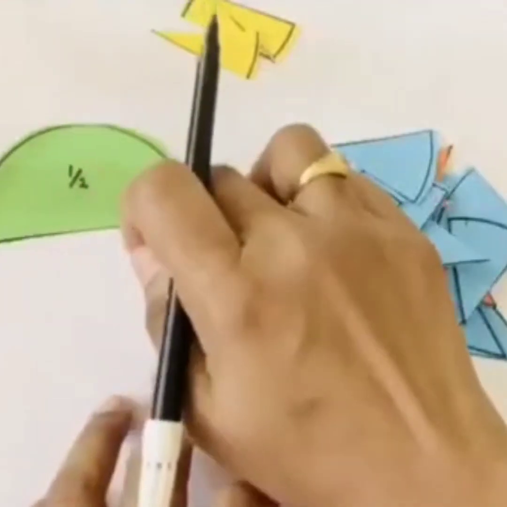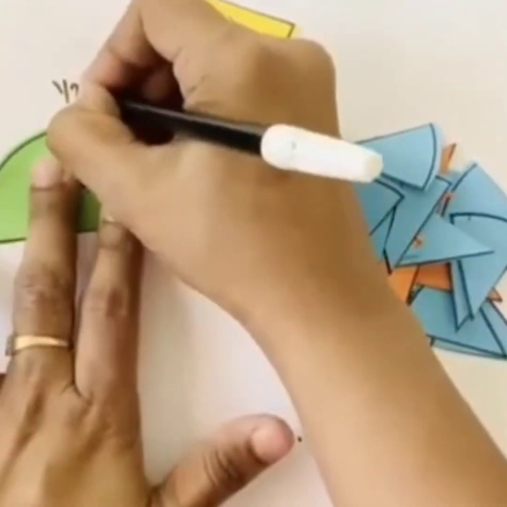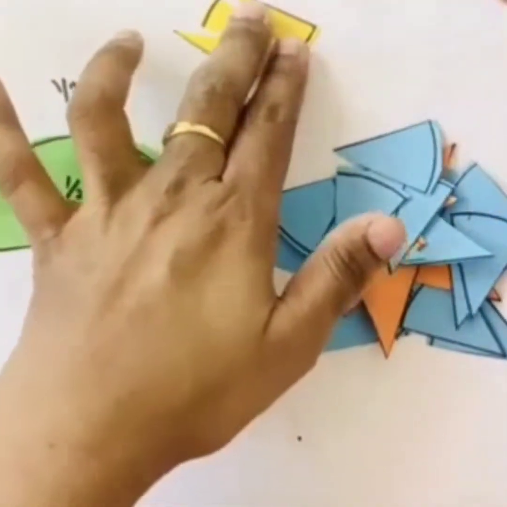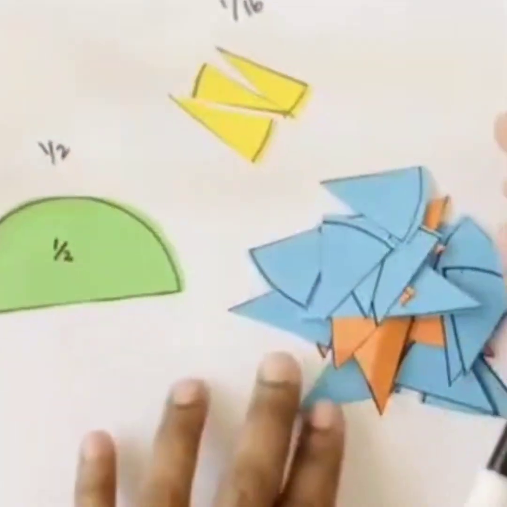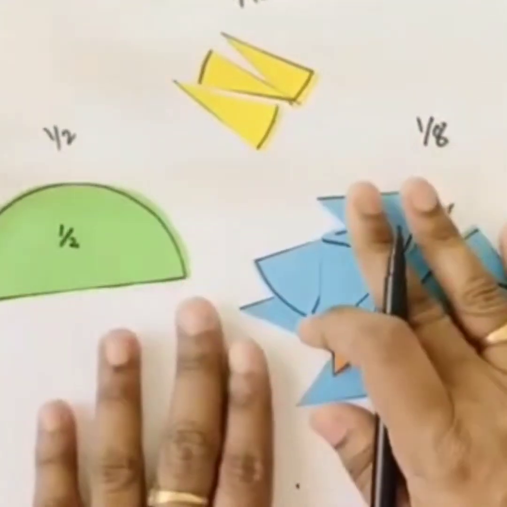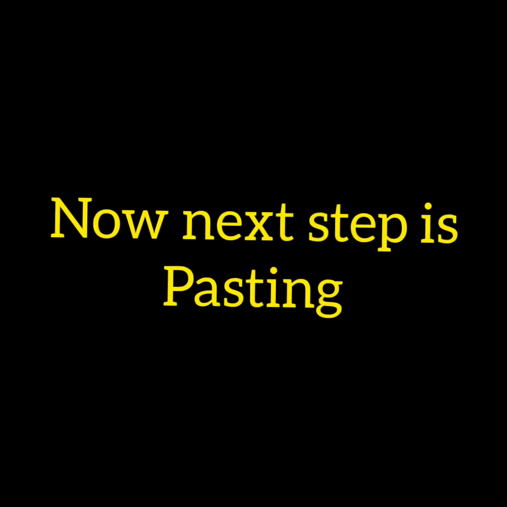Now we will cut these parts with the help of scissors. Here I have cut all these parts, and I am writing the numbers on these papers. Like this is the 1 upon 2, this is 1 upon 16 part, this is 1 upon 8 part. Now what you have to do, kids, now we will paste. Let's see in which manner you have to paste.